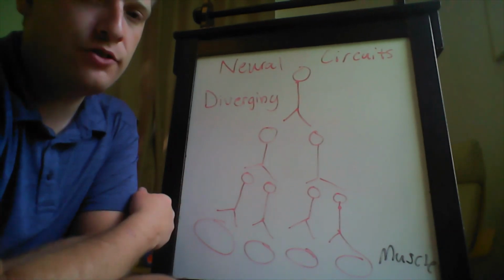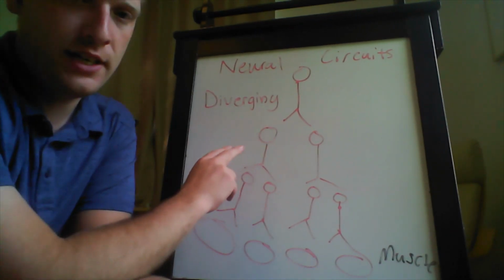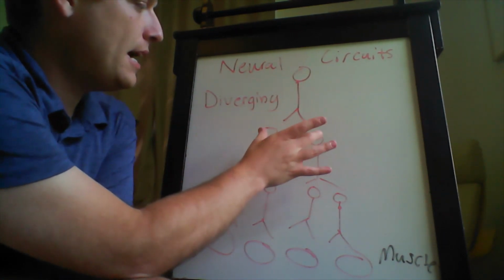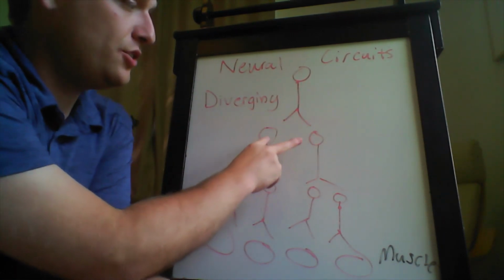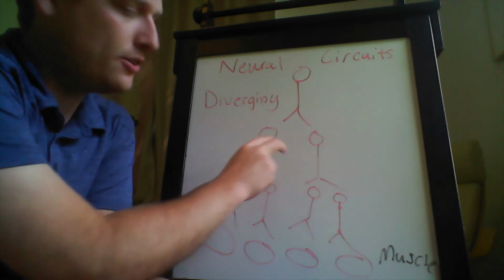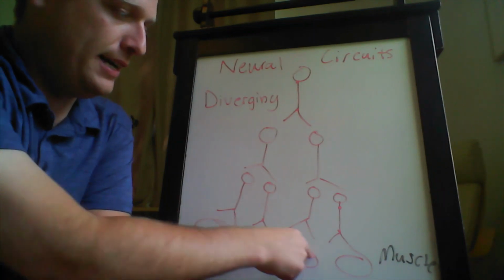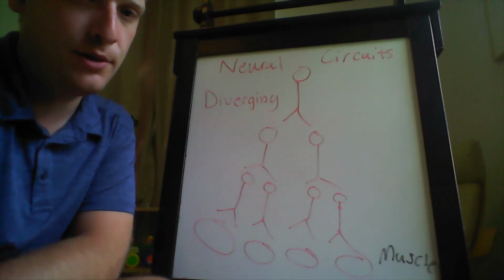The first one that I've drawn here is called a diverging circuit, where you have one neuron that is stimulating two neurons. Each of these neurons is stimulating two neurons, and those neurons are each stimulating, in this case, a muscle fiber.